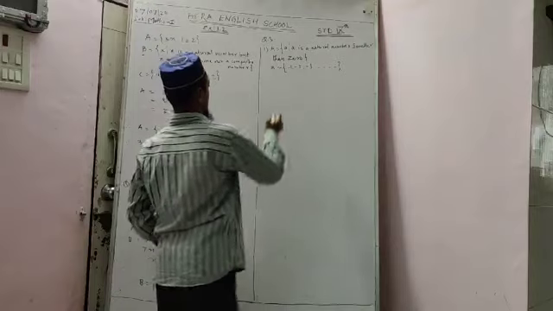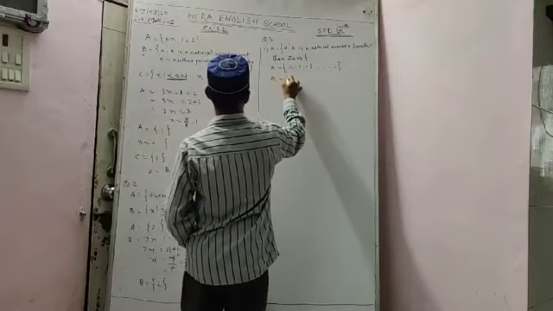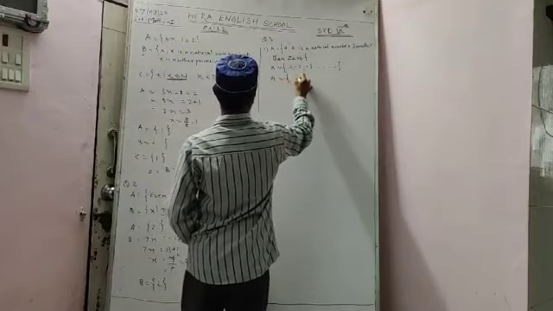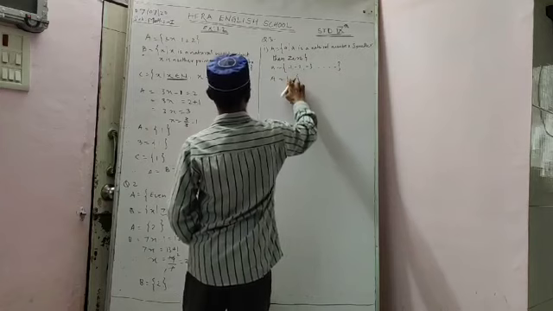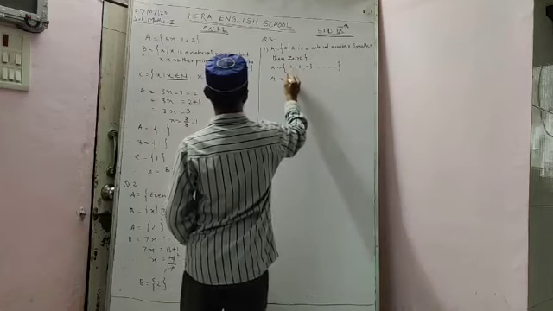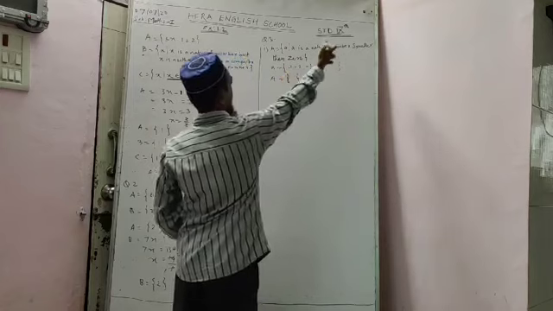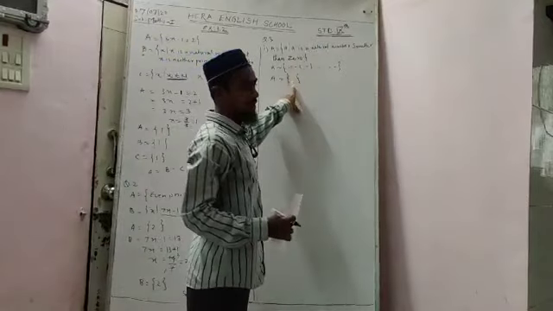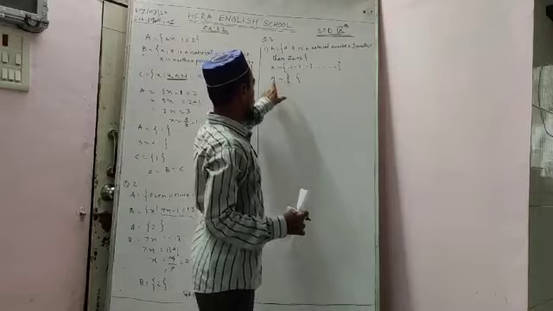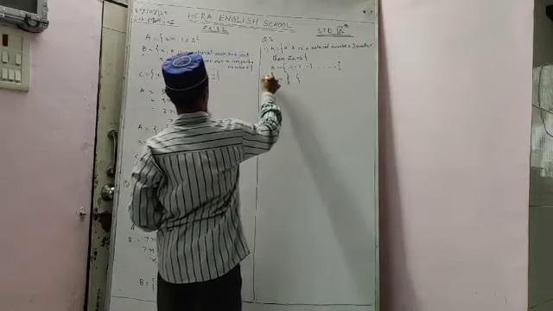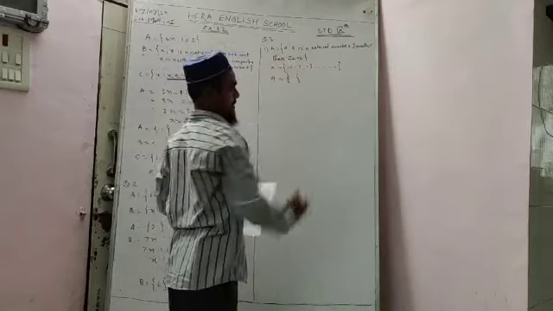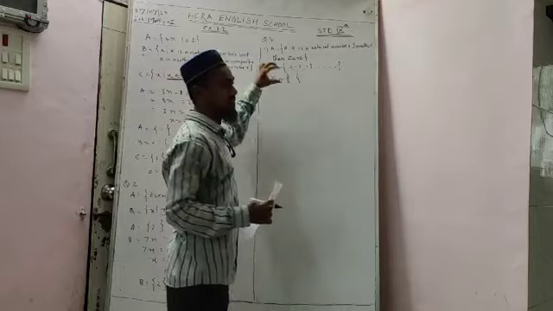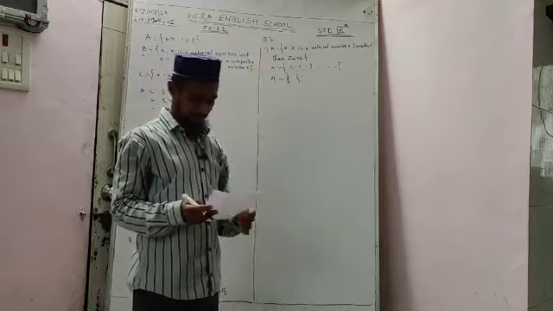So we can say set A is a completely blank set, meaning there is no element, no digit or number, in set A. It is a null set, so set A is an empty set.